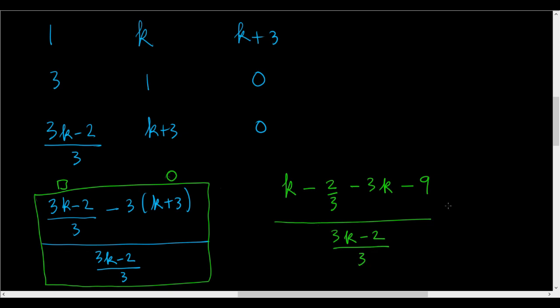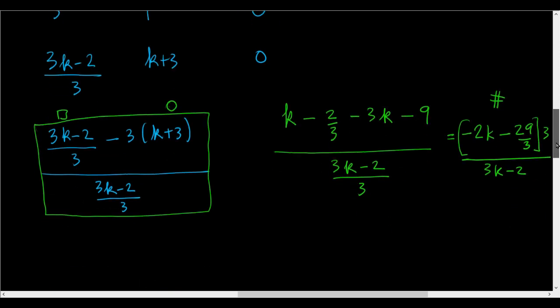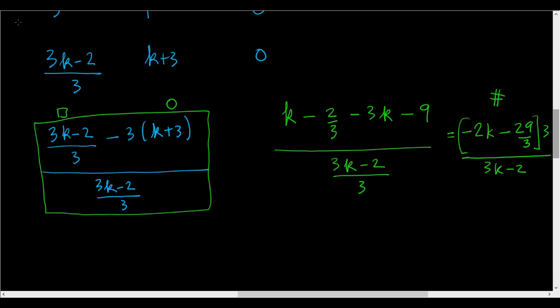So that will be minus 2k minus 29 by 3, over this times 3 over 3k minus 2. Okay, so let this number be hash here. So I will erase this part, and if I have not made a mistake, that's what we have there.